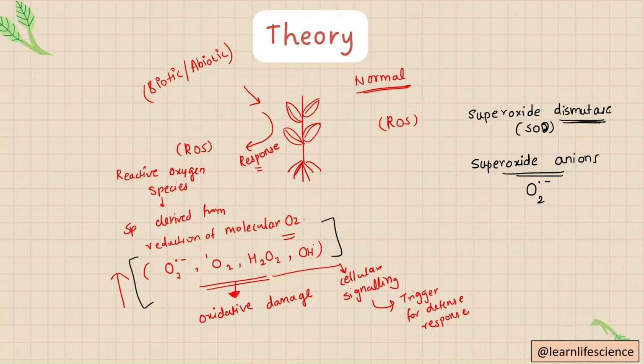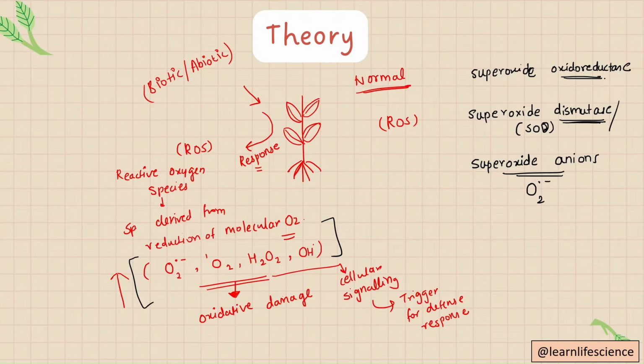Now, the other name for superoxide dismutase is superoxide oxidoreductase. Talking in terms of enzymes, you can see that the oxidoreductase belongs to the first class of enzymes.